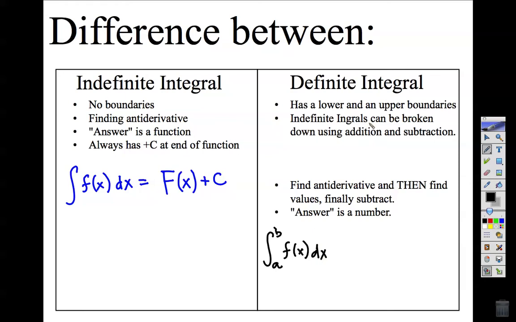All right, the integrals can be broken down using addition and subtraction. What that means is that if I have this function here, where we have a subtraction, this can be broken down as the definite integral from a to b of 3x dx minus, same limits from a to b, of 3 dx.